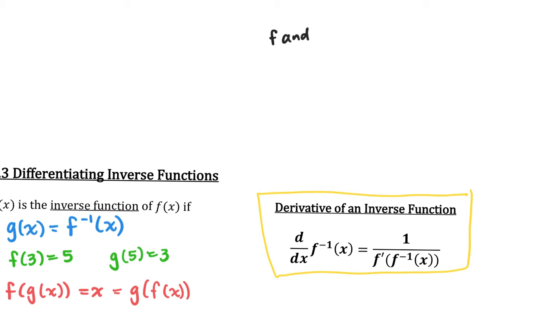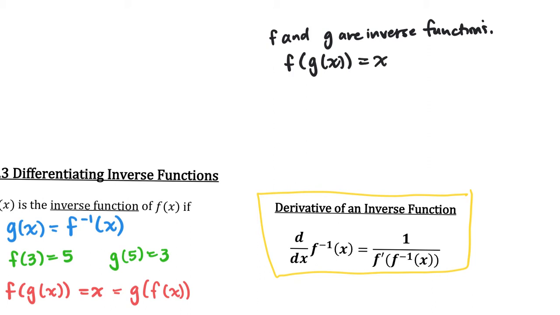Okay, so if f and g are inverse functions, then it must be true that f of g of x is equal to x, because that's a property of inverse functions. They would cancel each other out. Now if I want to do the derivative of f of g of x, I'm going to take the derivative of the other side to balance it out.